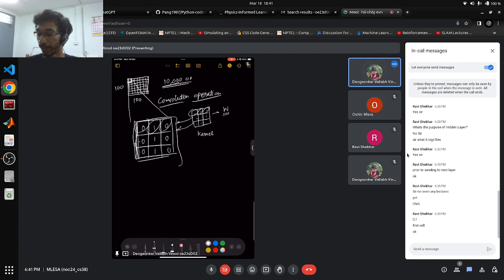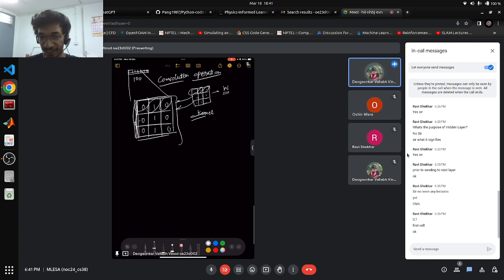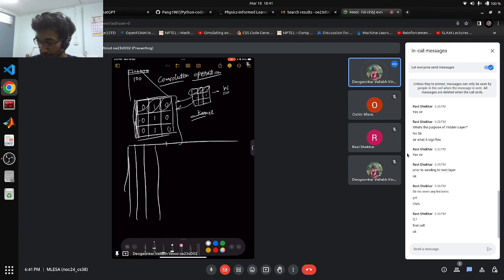Then I will take the same kernel, same 3 cross 3 grid, and put it onto the next, adjacent 3 cross 3 grid of the main image.